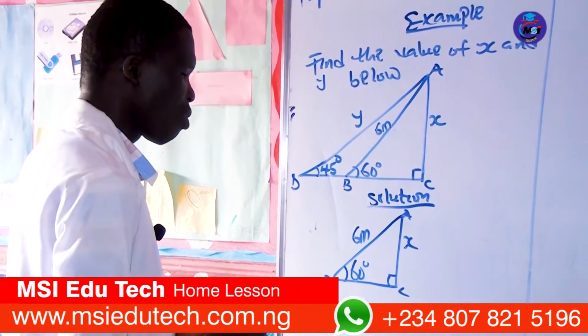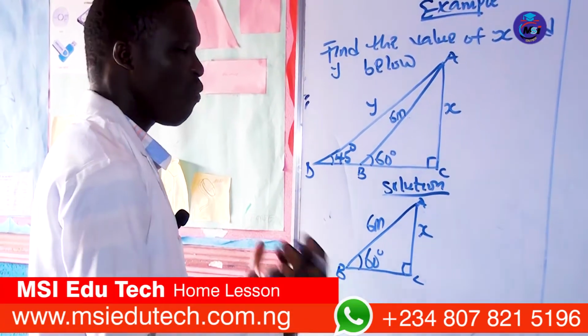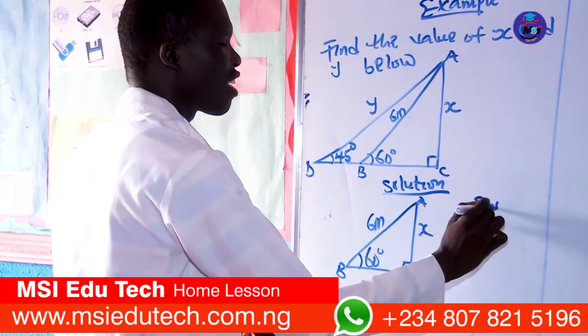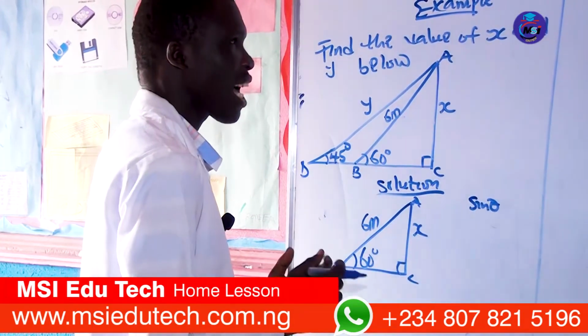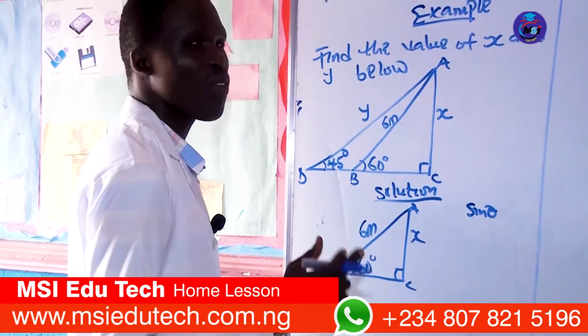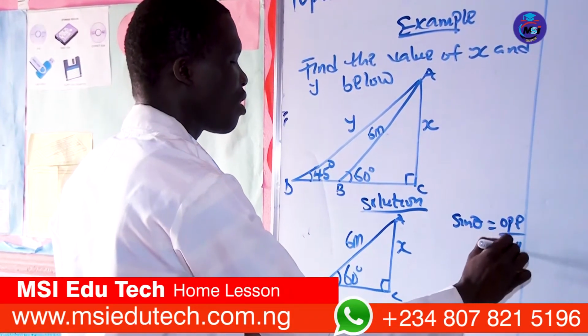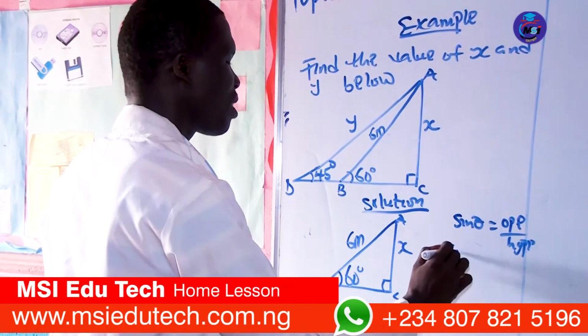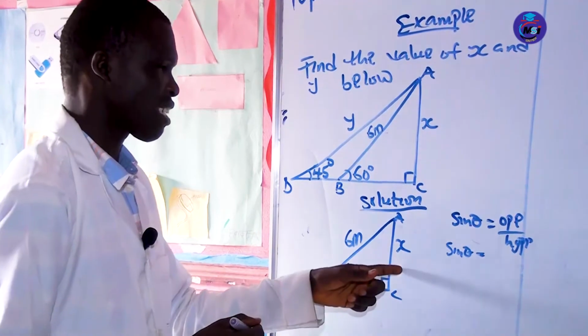Now, we want to do something. We need to think here. If we apply sine, can we get x? Let's think. Sine means opposite over hypotenuse. That means sine theta will give us, what is opposite? x.